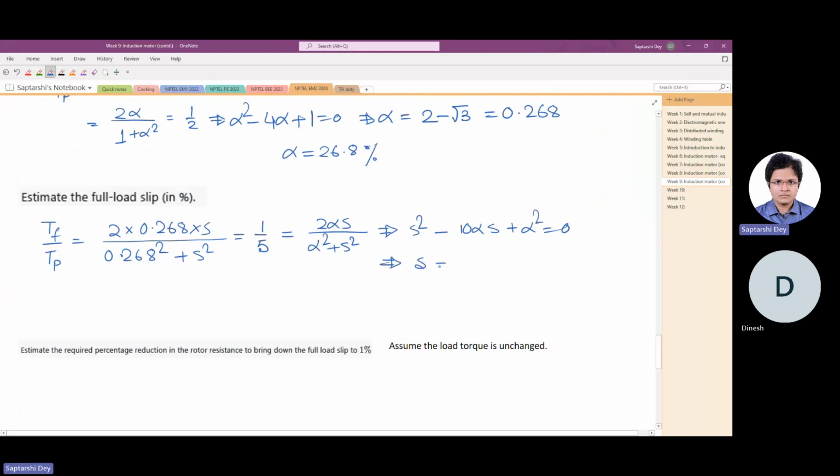Then S equals minus B plus minus root over B squared minus 4AC by 2A. Then 5 alpha plus minus becomes 96. 96 by 4 is how much? 24.